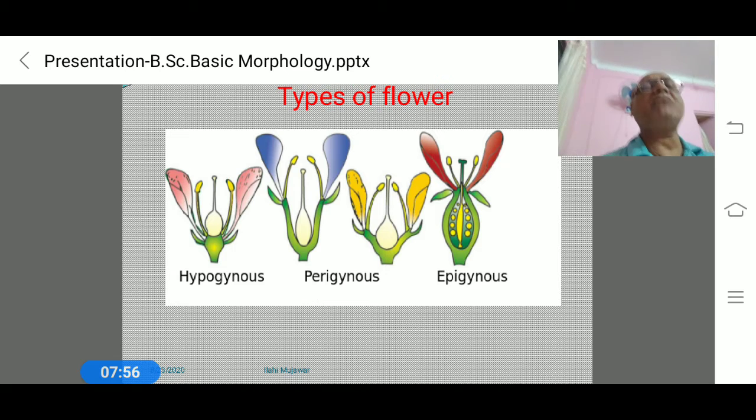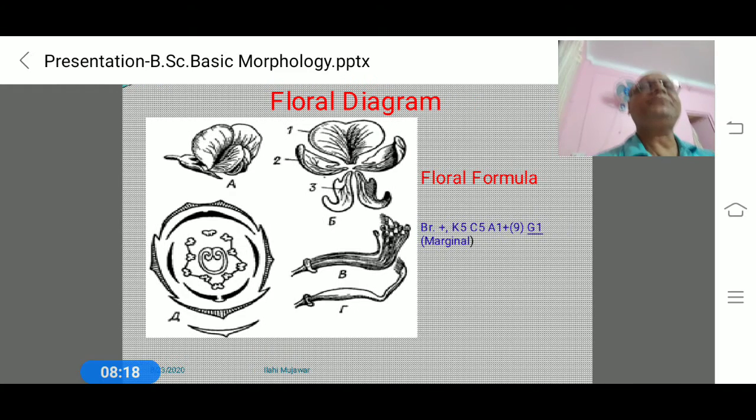Peri means around the gynoecium, the central, middle portion, so it is called perigynous. And the last one, third, is epigynous. Epi means above the gynoecium. That means sepals, petals, stamens are borne above the gynoecium, so it is called an epigynous flower.